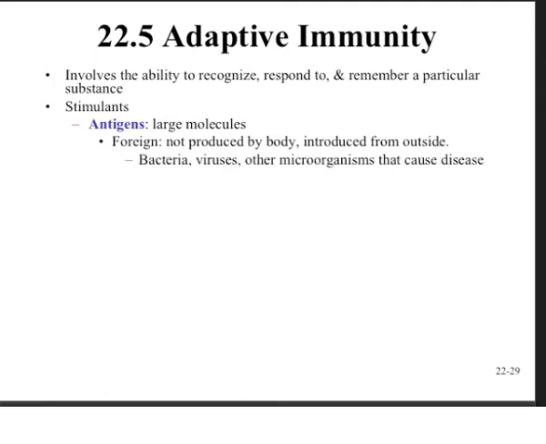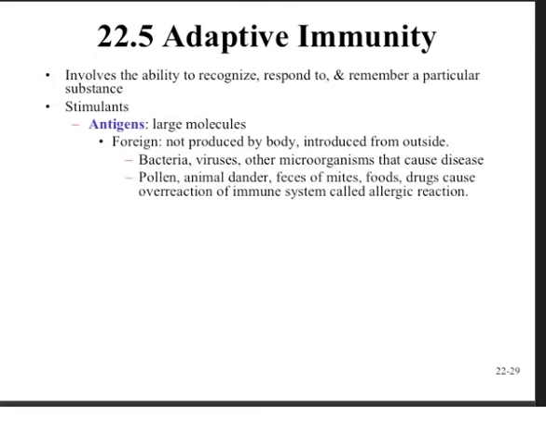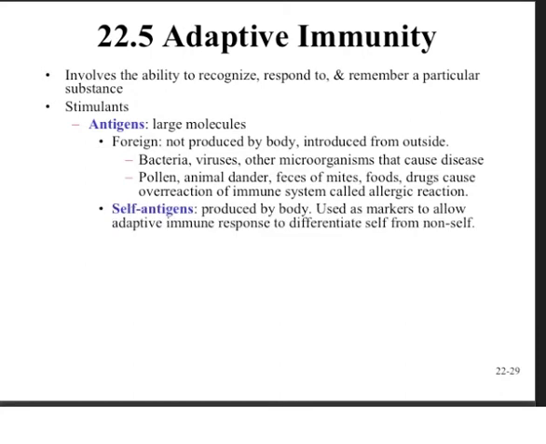They're introduced from the outside, and they include proteins, polysaccharides, lipids, or combinations of these molecules that are unique to the strain of pathogen that brings them in. Examples of components that can contain antigens include pollen, animal dander, feces, mites, food, and drugs. All of these can evoke an immune response.